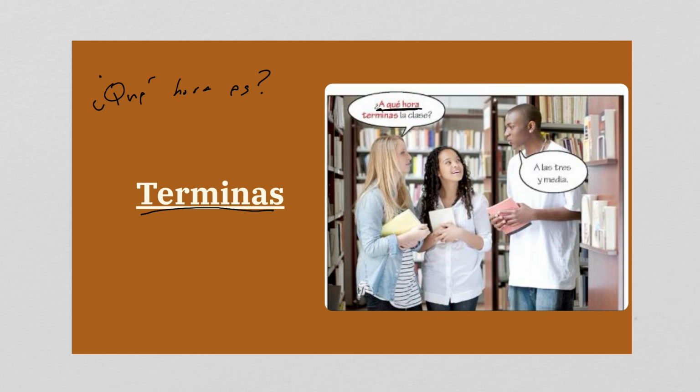Terminas is asking at what time do you finish. You can think of the verb as being like terminate or finish class. So she's asking what time do you finish class, and he says a las 3:30, which we should know by now is at 3:30.